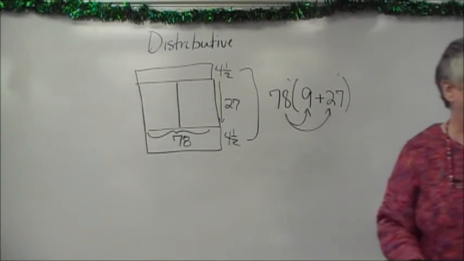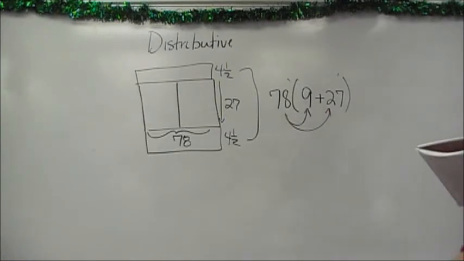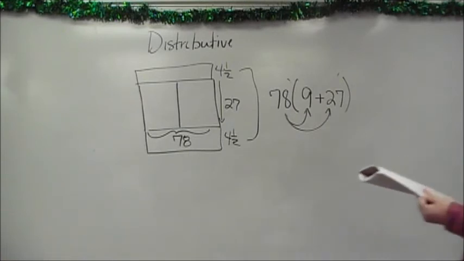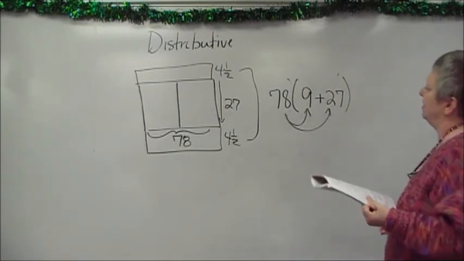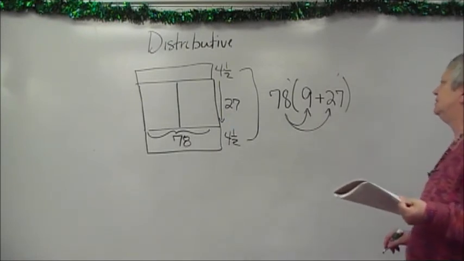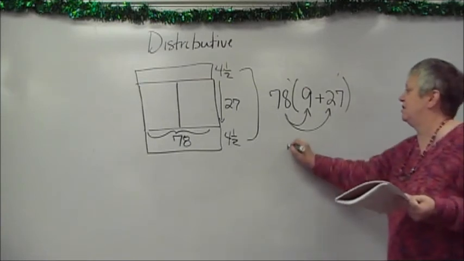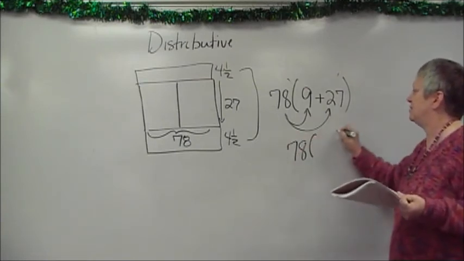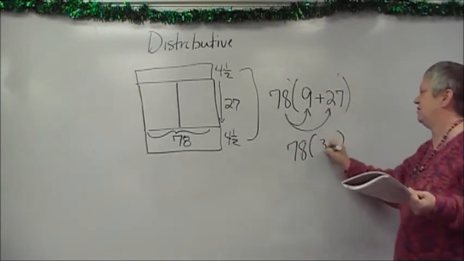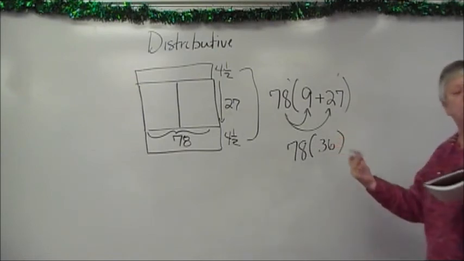On your calculator, what is 78 times 9? And then 78 times 27. Or, if you want to do the order of operations, you could go 78 times 9 plus 27, which is 36. You could do it either way.